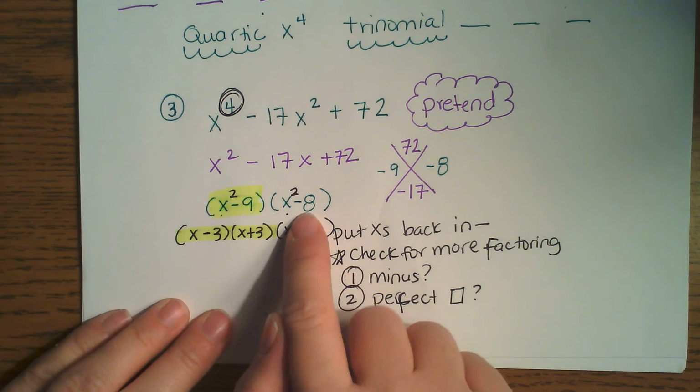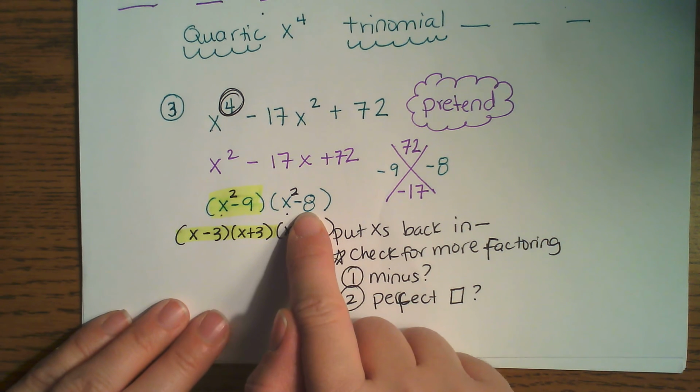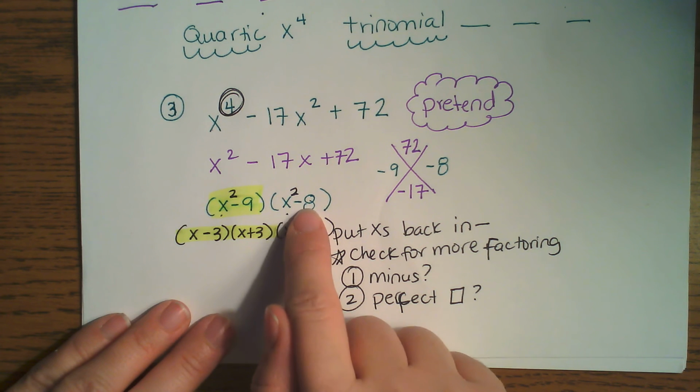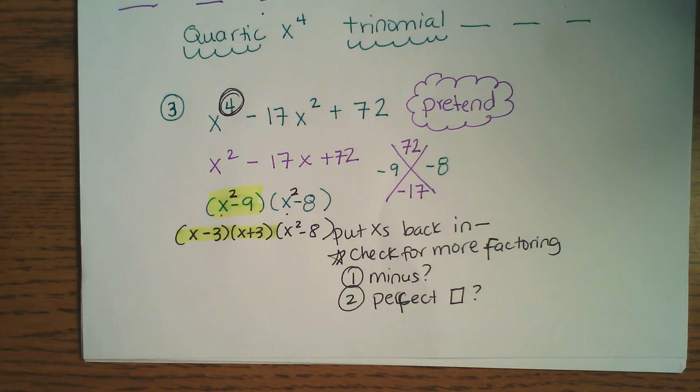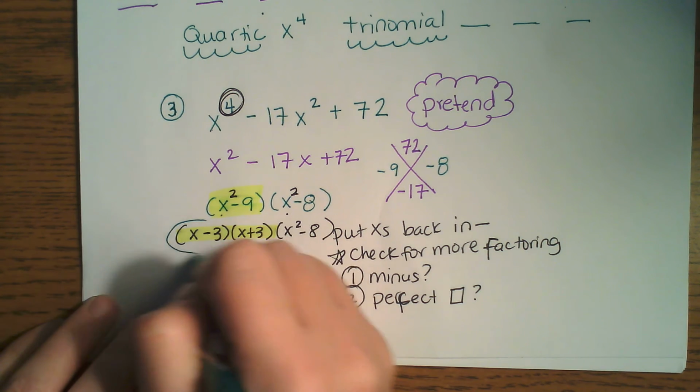I couldn't do that on the 8 because 8 is not a perfect square. 8 is 1 times 8 or 2 times 4. And only a perfect square would work here. So this is our final answer.